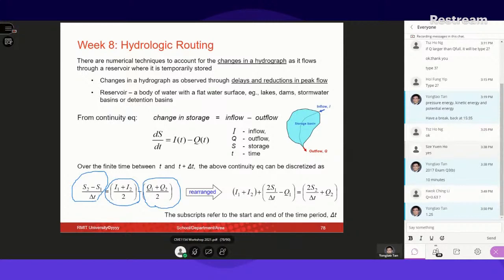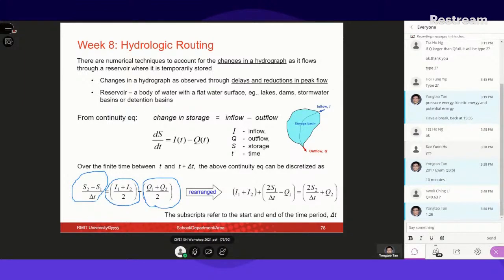Q1 and S1 are initially 0, at the beginning. Then S1 and Q1 are known from the previous time. So Q2 and S2 are unknown.